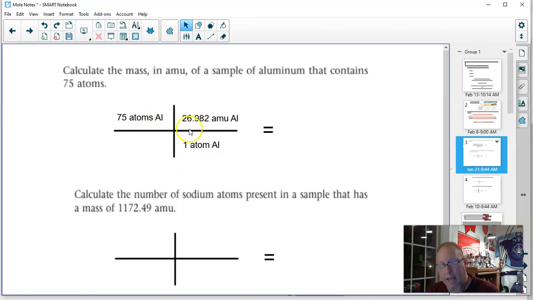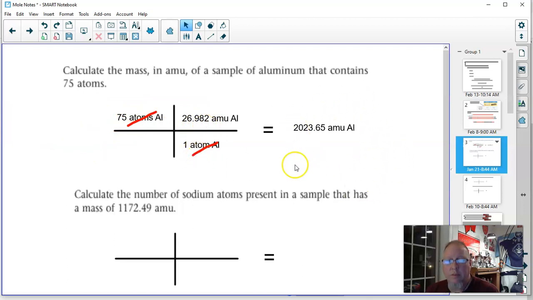The reason I would put atoms on the bottom is so that the atoms cancel out. And when those atoms cancel out, the only thing that I'm left with from this problem would be AMUs of aluminum. And my final answer, if I multiply those across, because that's how you'd solve this problem, take 75 times 26.982 and divide by 1.